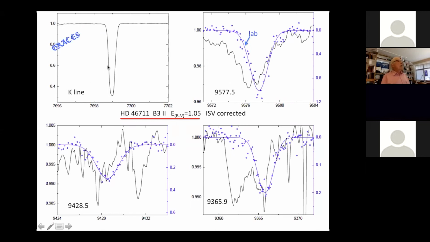Anyway, reverting to this question of the interstellar velocity of the cloud, here we see not necessarily a single cloud, but an unresolved component. It's not as sharp as it might have been if it was a single cloud, but it's still unresolved.